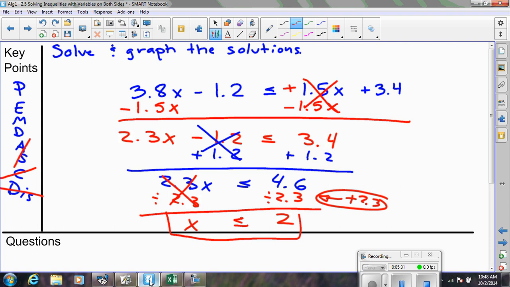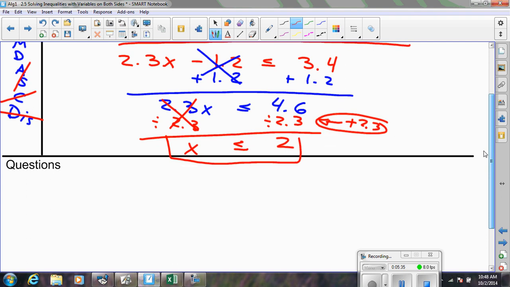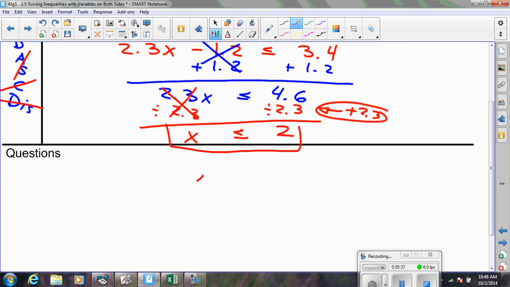Let's graph it. Now, because this is getting a bit low on the screen, I'm going to scroll up. What do you want to use for the tick marks? 1, 2, and 3 works. So we'll say less than or equal to. We've got it.